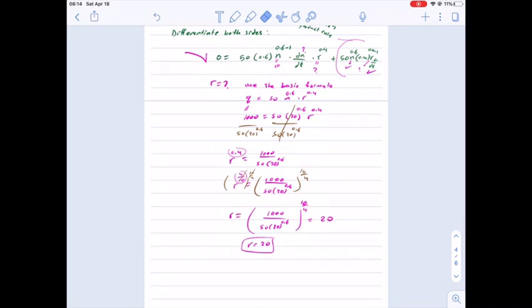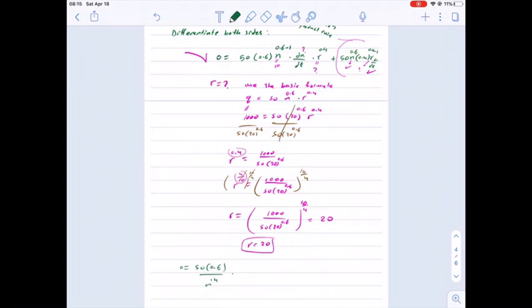So we have 0 equals 50 times 0.6 n to the power 0.6 minus 1. 0.6 minus 1 is negative 0.4. Negative 0.4, when we bring it down, it becomes positive 0.4. So we can erase this.